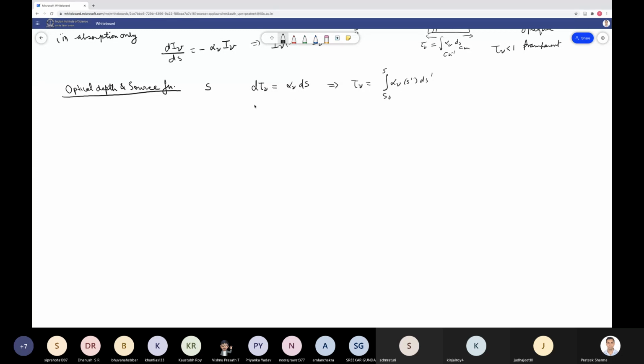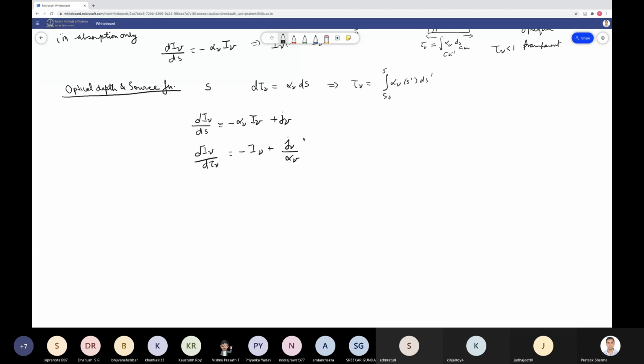If you have this, then our radiative transfer equation, which was dI nu by ds equals minus alpha nu I nu due to absorption plus emission. If you do a change of variable from s to tau nu, you just divide by alpha nu, so this becomes dI nu by d tau nu equals minus I nu plus j nu divided by alpha nu.